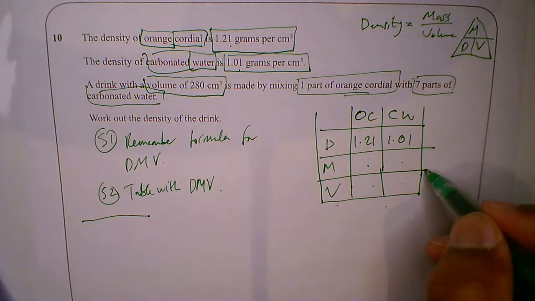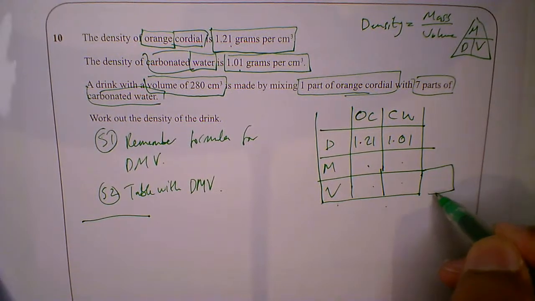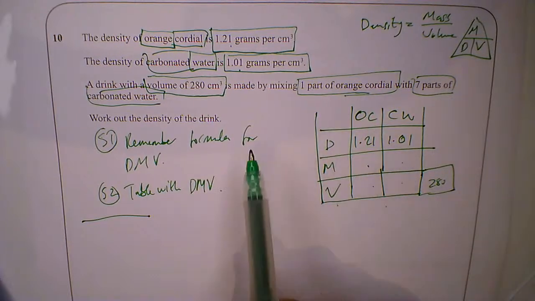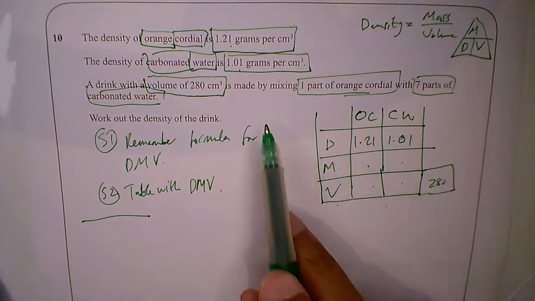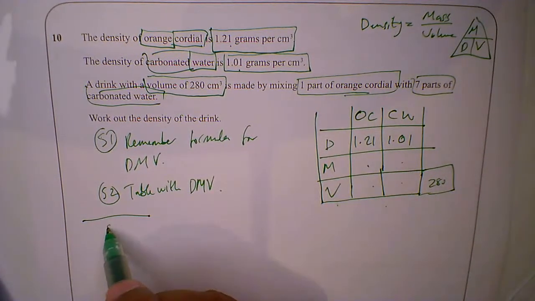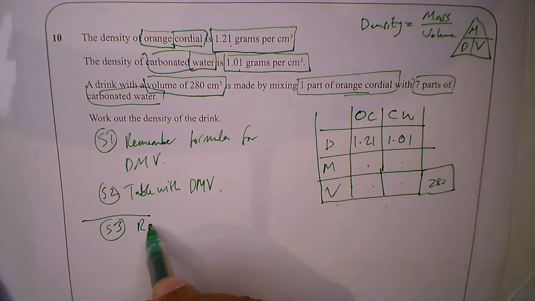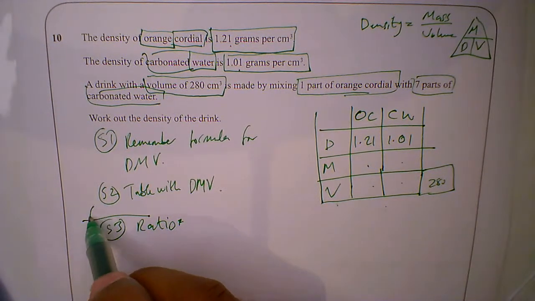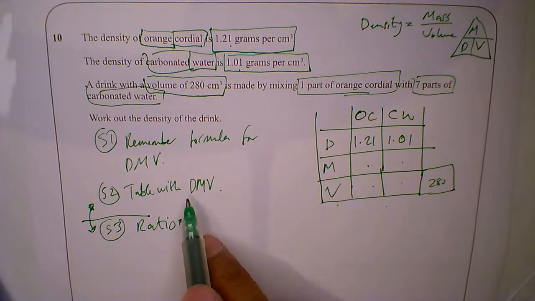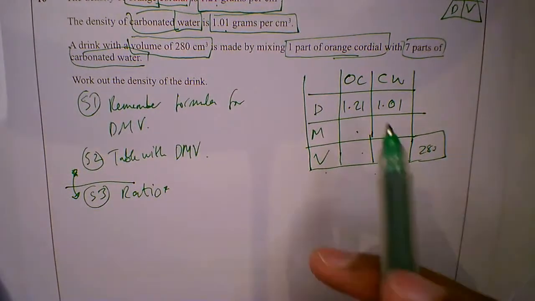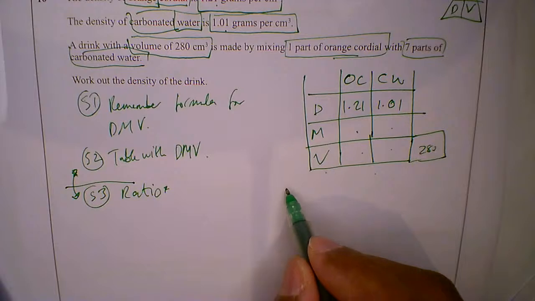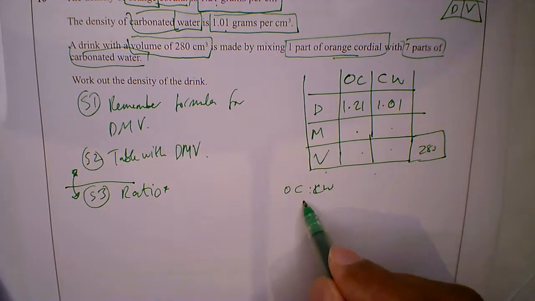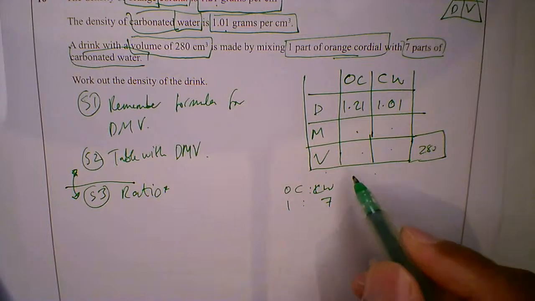So my volume is 280. I've actually got to work out the volume as well here. So I've got a bit of ratio going on. Step 3 is ratio here as well. In fact, I need to work out the ratio before I can work out the table. So here I can put orange cordial to carbonated water is 1 to 7.